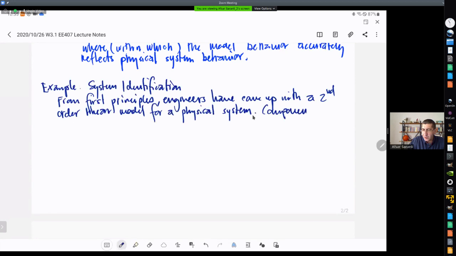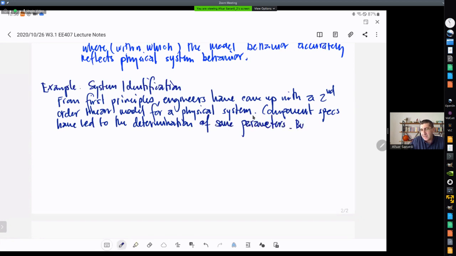Component specs have led to determination of some parameters, but there are still some unknowns.